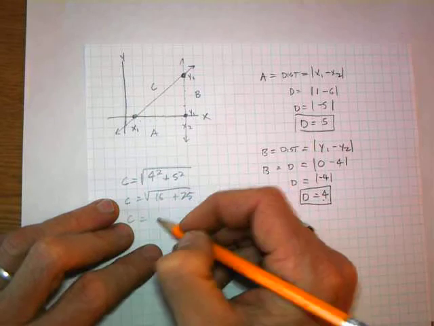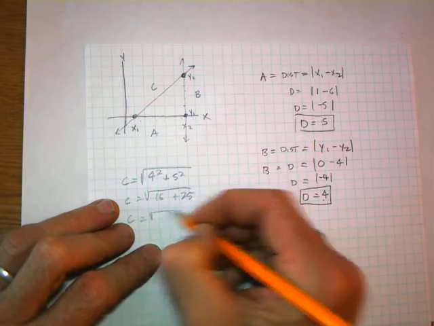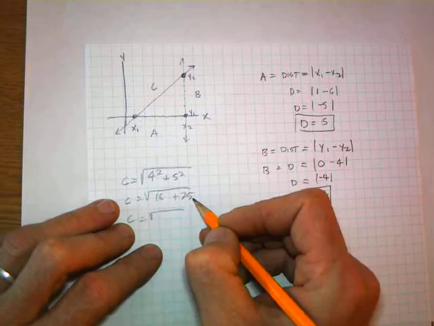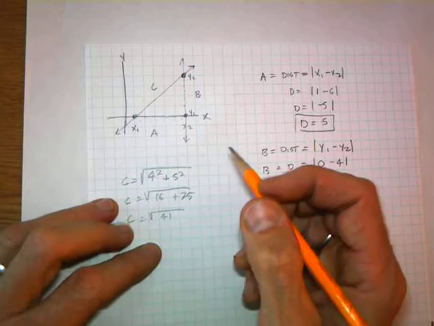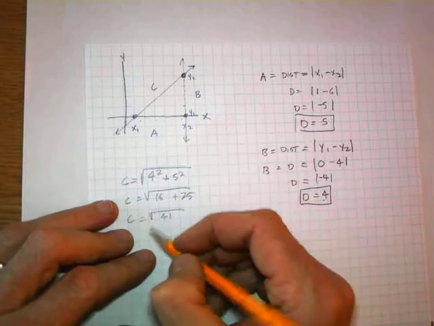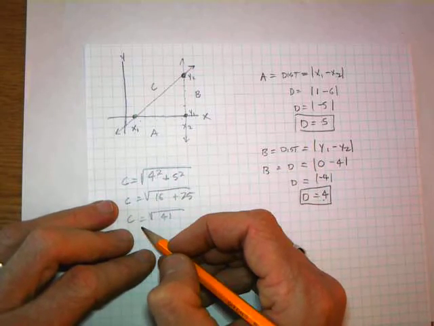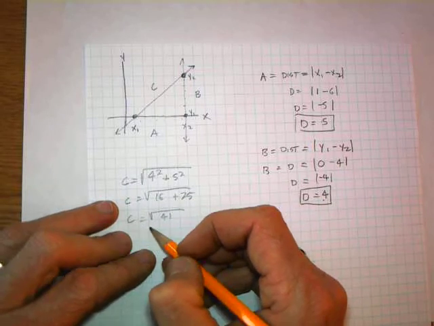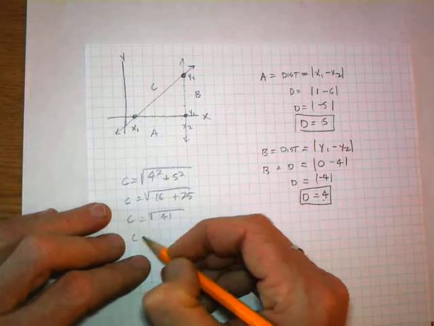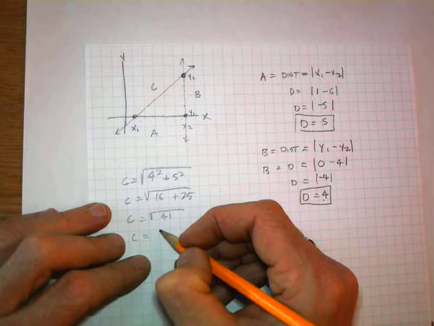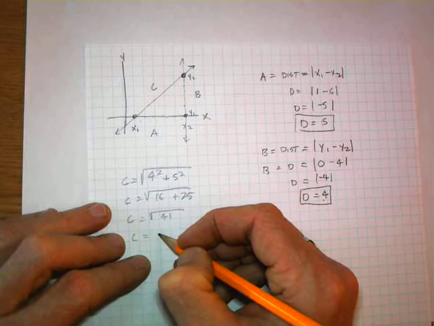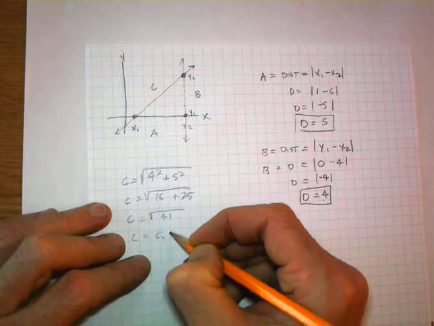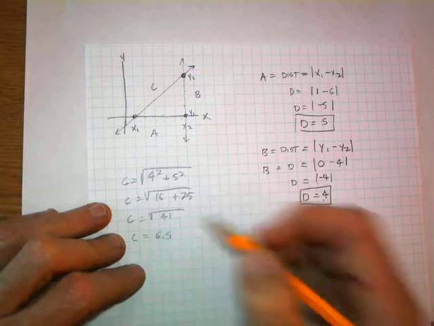C equals the square root of, what is this, 41. So let's see, what's that going to be? Square root of 41. Let's just give it a number. How about, I'm going to guess here, it is going to be 6.5. That's probably pretty close. All right.